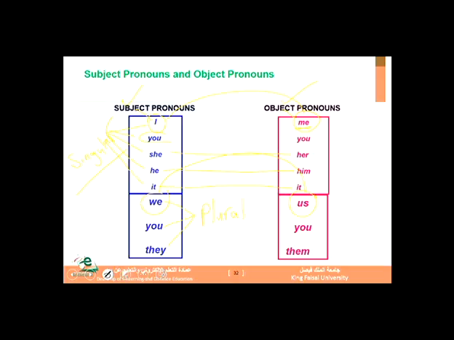Similarly, those are the singular, while those are the plural. So you can notice each subject pronoun has an object pronoun. I becomes me, you becomes you, and she becomes her, he becomes him, it stays as it is.